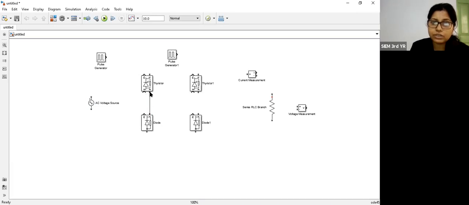So cathode to anode, this part is connected. This gate terminal is connected with the first thyristor. The gate terminal is connected to the second thyristor also. So then again, cathode to cathode. Okay.